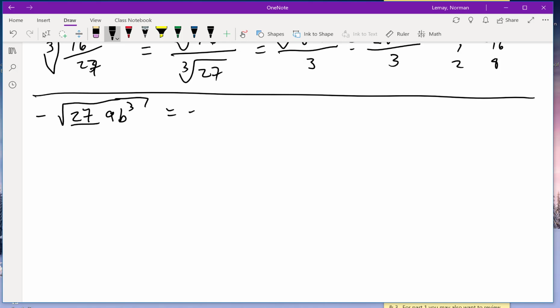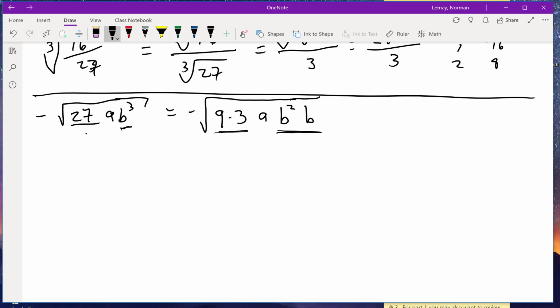And we know that 27 is 9 times 3. There's not much to do with the a. And notice that the b cubed, I can rewrite as b to the second times b. So kind of like with the number 27, I rewrite this where I have a square. So the question is can I break this apart where one of them is a square? Kind of helps to bring it out.